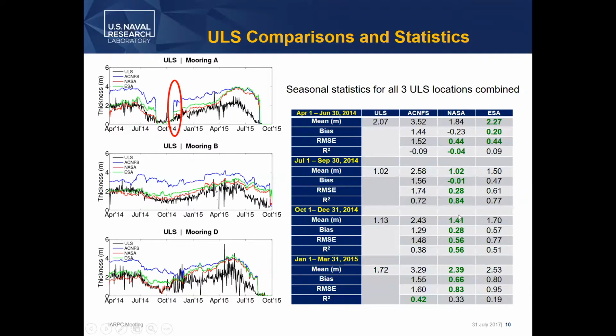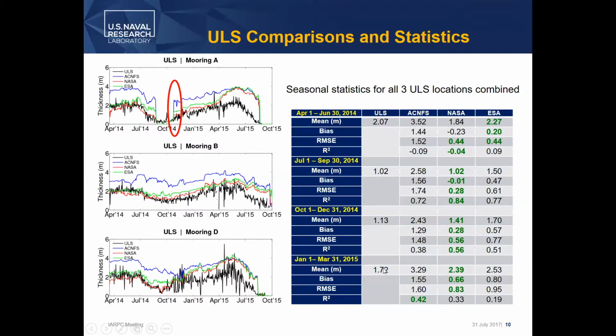And that continues into the fall season, October through December. And then the last that I show you is from January 1st to March 31st. So this is almost a year into the simulation. And you can still see an improved ice thickness, but it's starting, the thicknesses are getting higher and moving away from what we're seeing from observation.